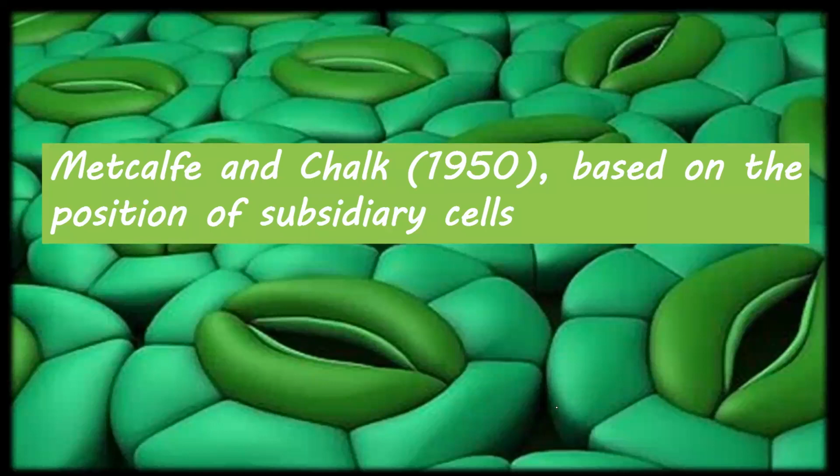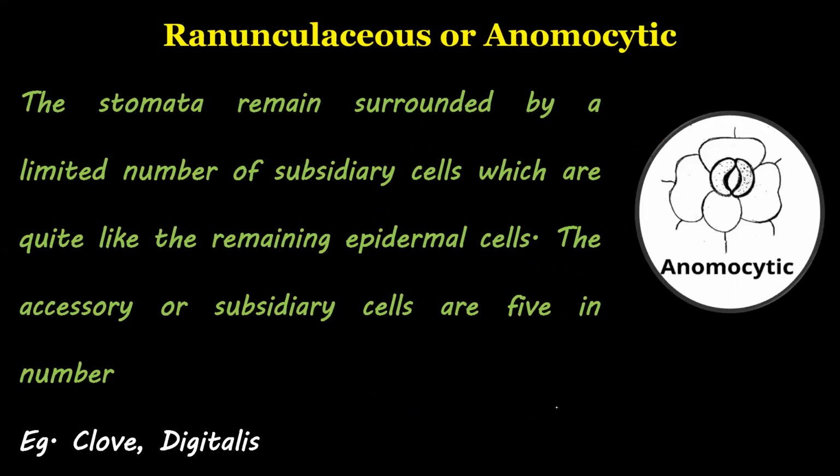Now here we will talk about the classification of stomatal types according to Metcalfe and Chalk, which is based on the position of subsidiary cells. So our first type is ranunculus or anomocytic type. This anomocytic type is also known as irregular celled type. Okay, why irregular?